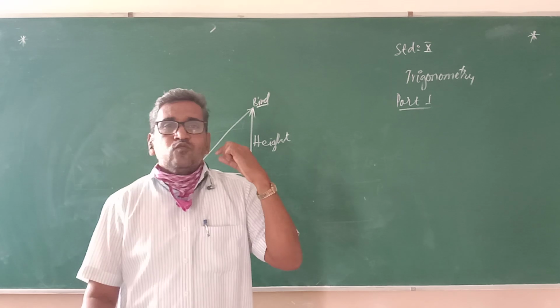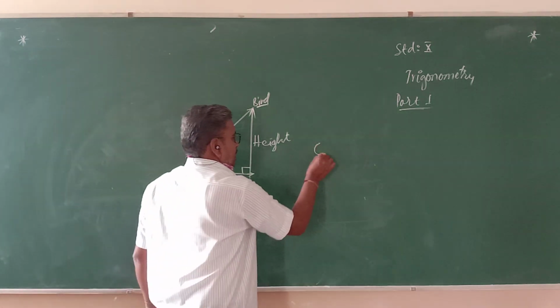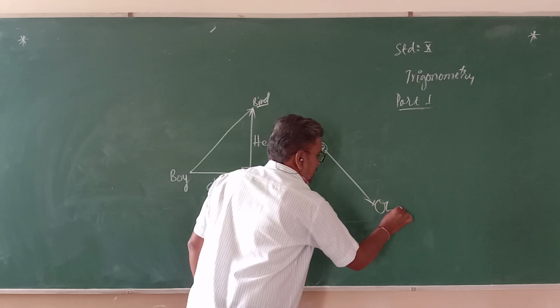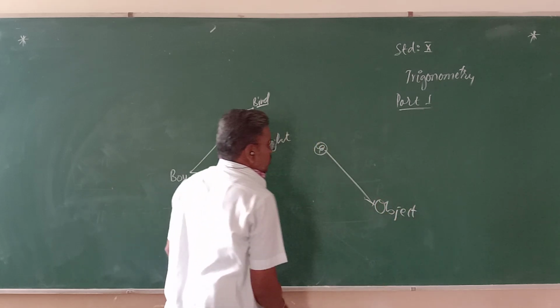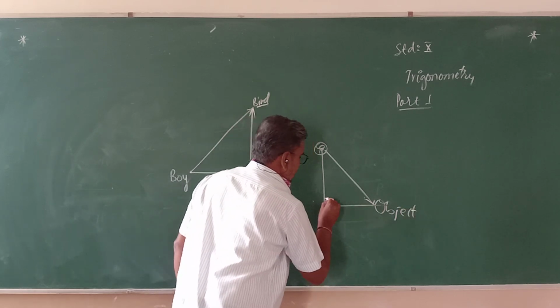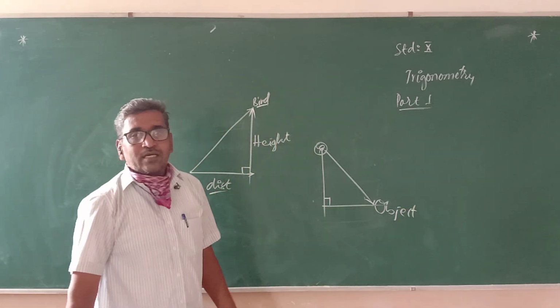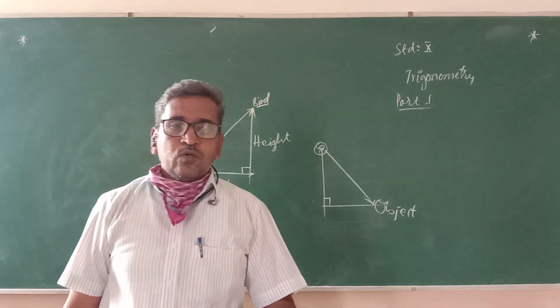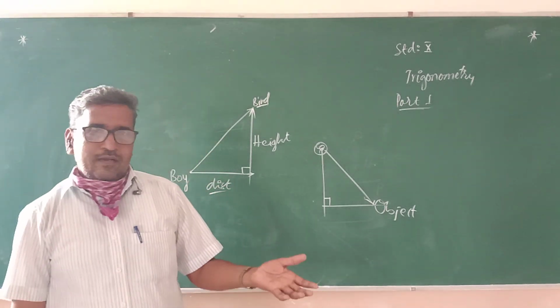Imagining that also forms a right angle triangle. So here, this is said to be height, this is said to be distance. So heights and distances contain the what? Right angle. So trigonometry is related to right angle triangle.